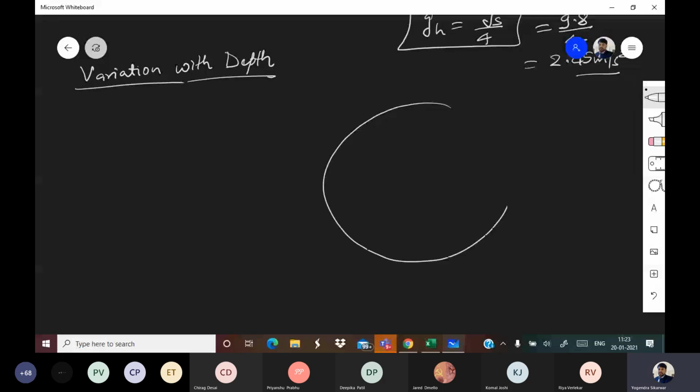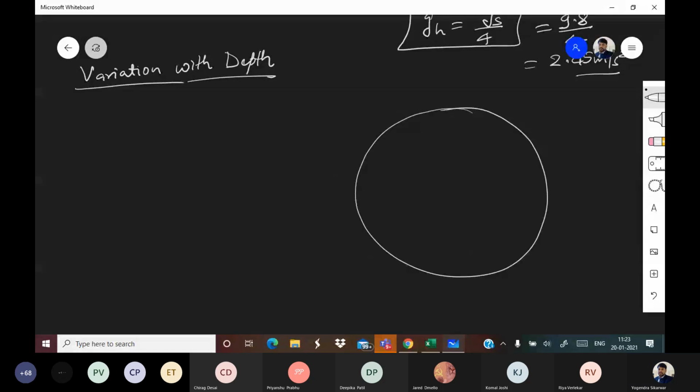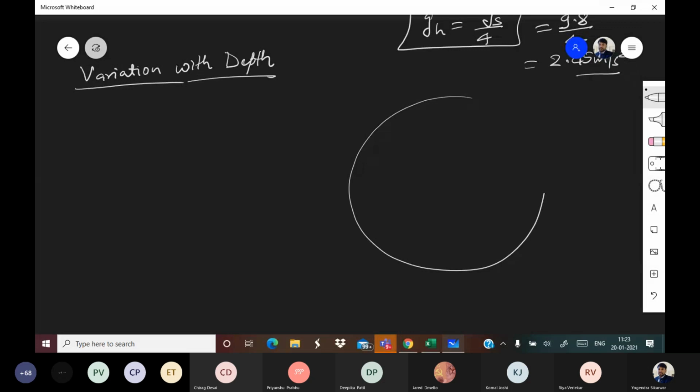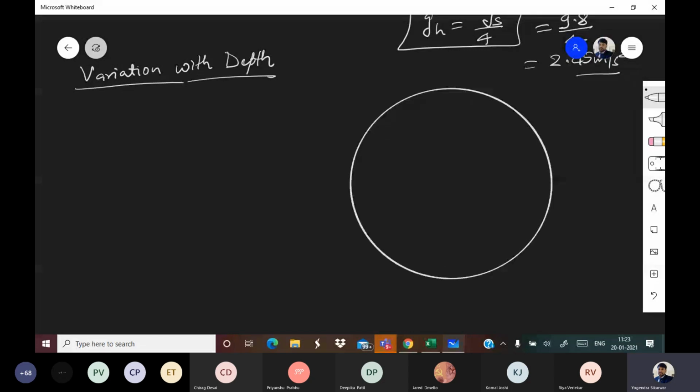This is Earth, and we are trying to find acceleration due to gravity inside Earth.